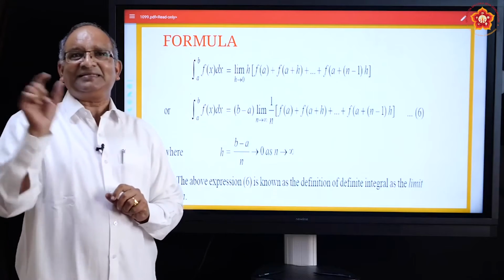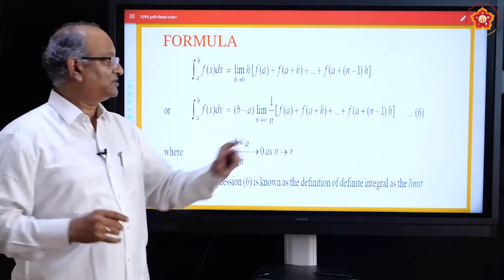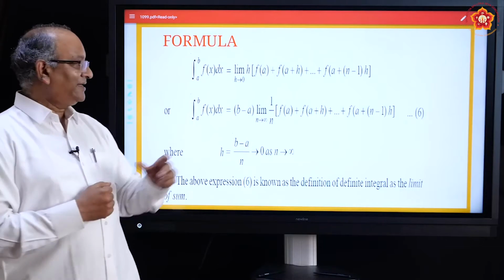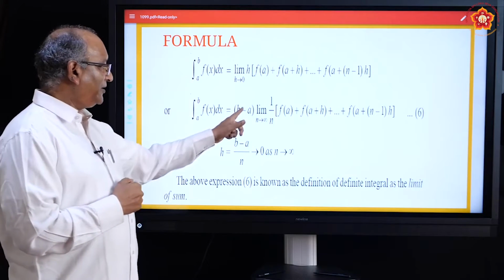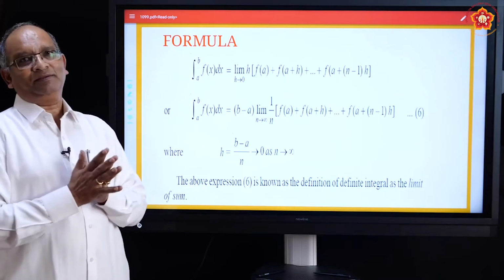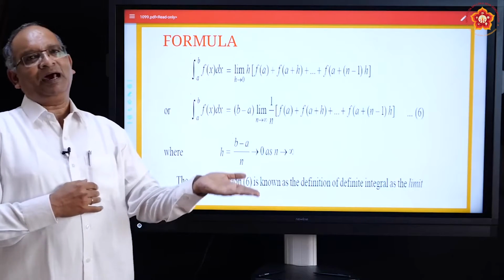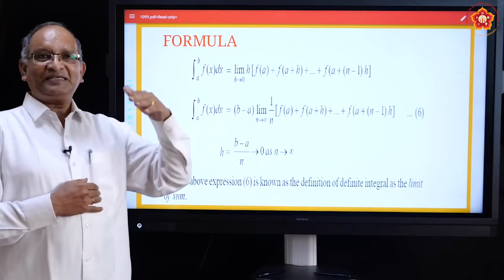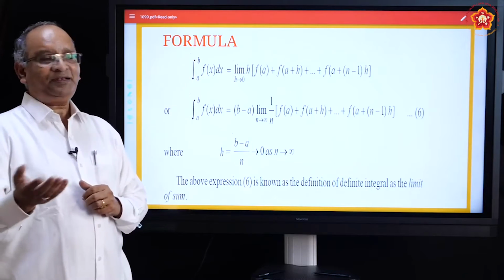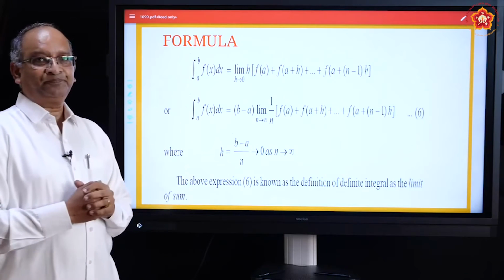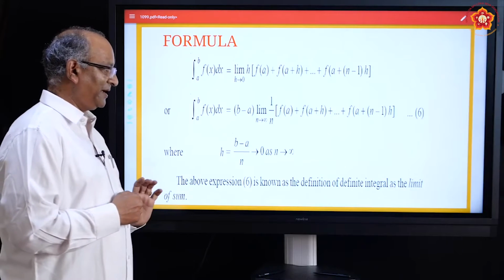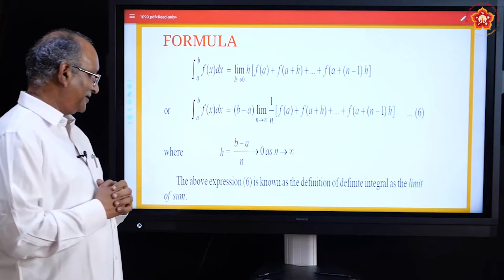For the next strip, another h is added, so it becomes a plus 2h, and it goes on till the end. So either you write the formula this way, or you write it this way. Both give you the same area, one in terms of h, another in terms of n. If it is in terms of h, it tends to 0. If it is in terms of n, it tends to infinity. And this is the relation between both of them: h equal to (b minus a) by n as n tends to infinity.